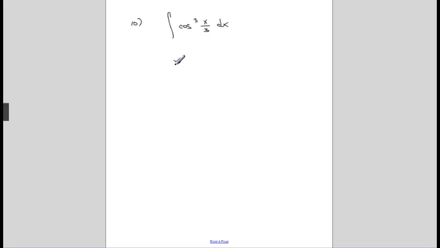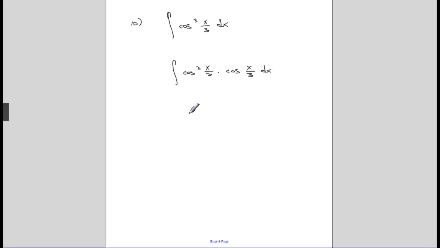We're going to take one of the cosines, so we'll have cosine squared of x over 3 times the cosine of x over 3. That's the cosine cubed of x over 3 if we multiply those out. We're going to make u the sine because we're going to use the Pythagorean identity to convert this to sine, and then this is u and this part is du.